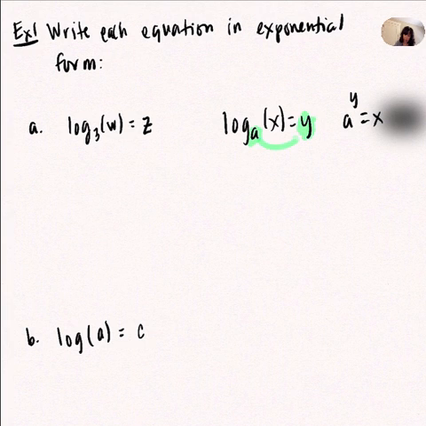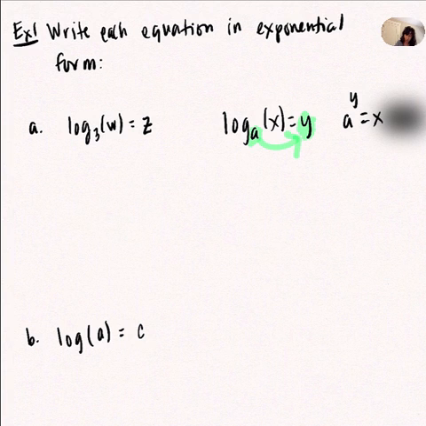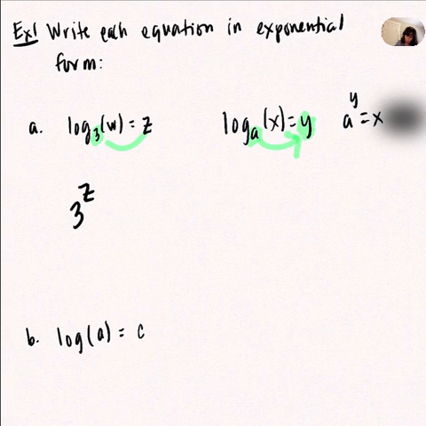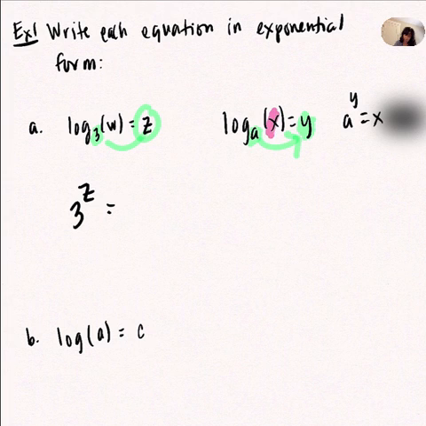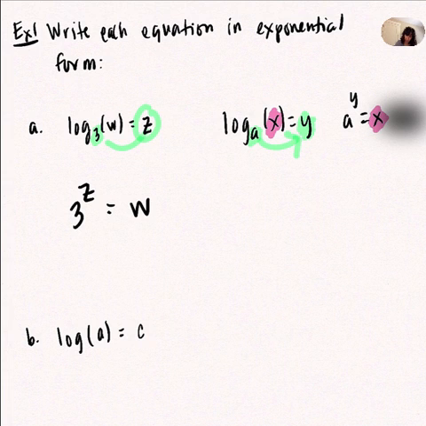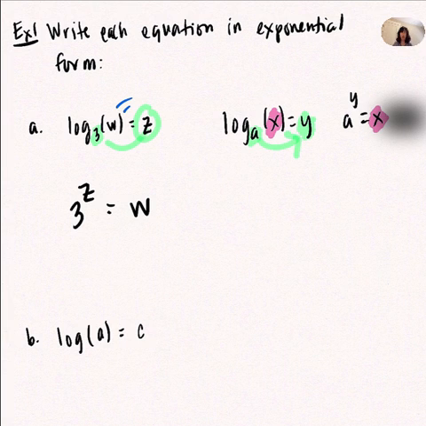So you do a to the y. In other words, I can write 3 to the z. I take the base here and put it to the z, and then it's equal to whatever was inside the log, so equals w. I go kind of like in a circle. 3 to the z equals w.